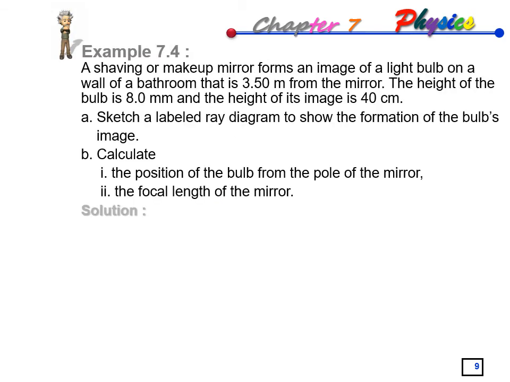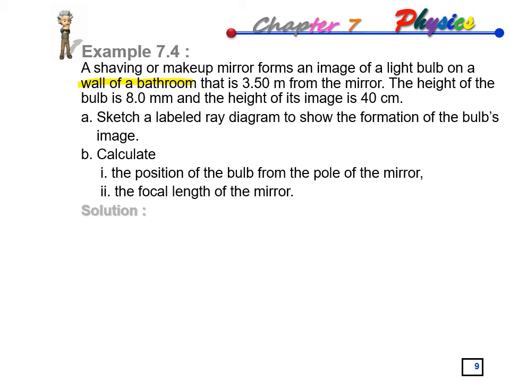Alright. Next, let us look into example 7.4. You have a shaving or makeup mirror that forms an image of a light bulb on a wall of a bathroom. So the image is formed on a wall, which means we have a real image.